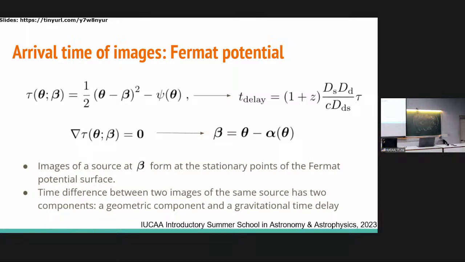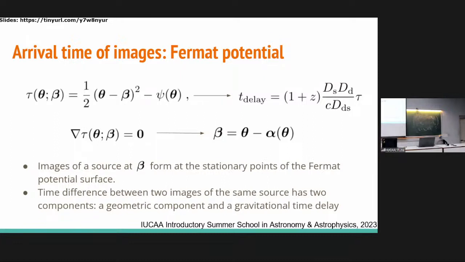So you can write all these things in terms of the time delay as well, and light should have a stationary point on this time delay surface. Given a location beta, there are only certain positions which will be stationary for the time it takes for that image to arrive. And when you do that, you get back the lens equation, as you should.